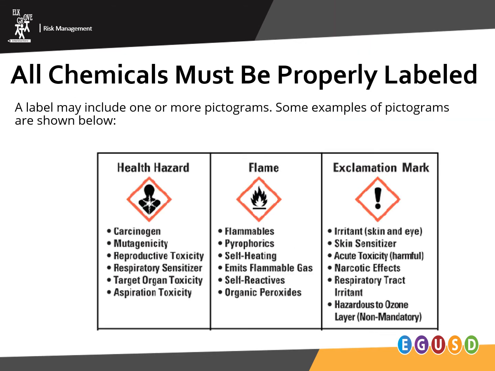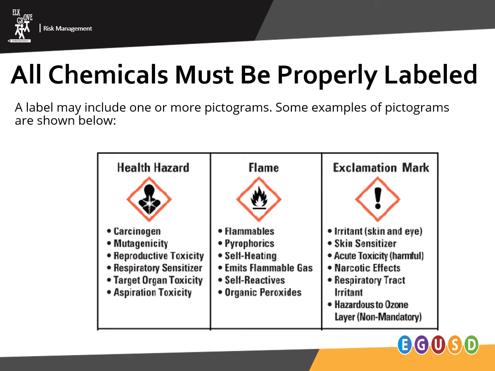A label may include 1 or more pictograms. Some examples of pictograms are shown below. Health hazard: carcinogen, mutagenicity, reproductive toxicity, respiratory sensitizer, target organ toxicity, aspiration toxicity.